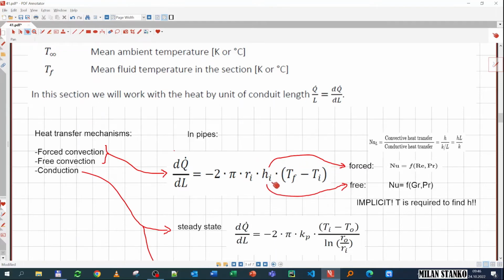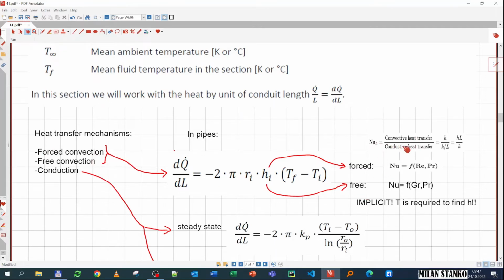This coefficient I typically find from a dimensionless number called the Nusselt number, which is the ratio between the convective heat transfer and the conductive heat transfer. In convection, we also have some conduction. The only thing is that the convection part is more efficient because we usually have more movement, and the molecules can exchange heat in a different way.